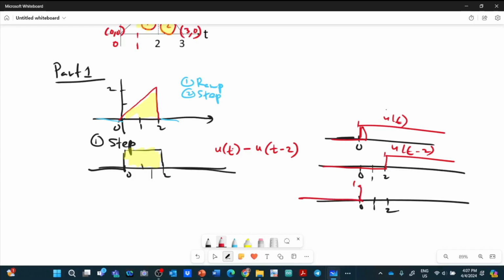Then 1 minus 0, 1. 1 minus 1, 0. 1 minus 0, 0. Okay? So, signal ni sama tak dengan yang I draw ni? Sama kan?